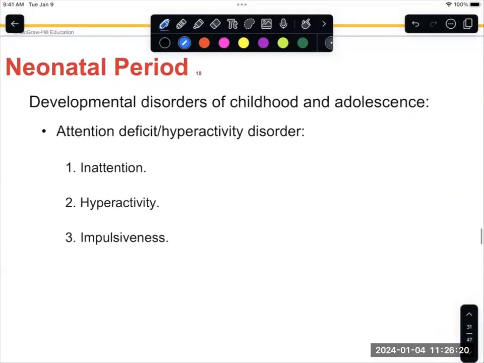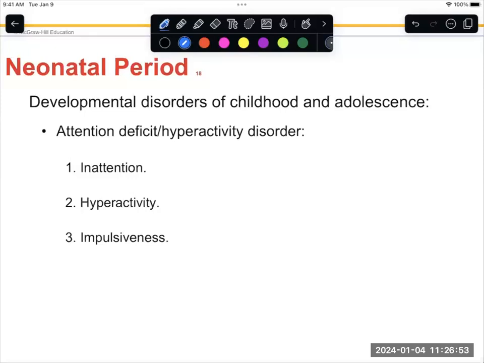Attention deficit hyperactivity disorder, ADHD, is usually characterized by three components. Inattention, that inability to pay attention, carelessness, distractibility, and disorganization. Hyperactivity, excessive activity such as fidgeting, squirming, inability to sit still, and excessive talking. Impulsiveness is shown by interrupting others, intruding, and inappropriate actions.